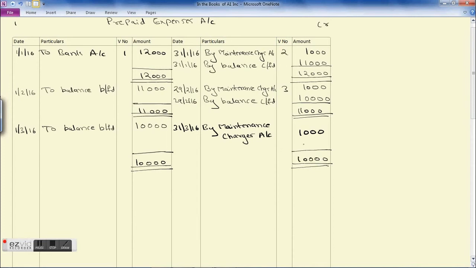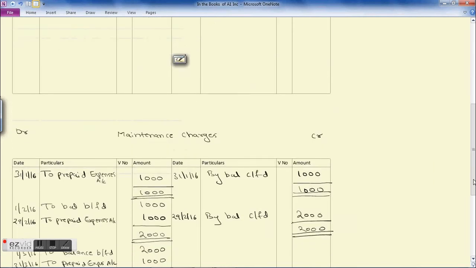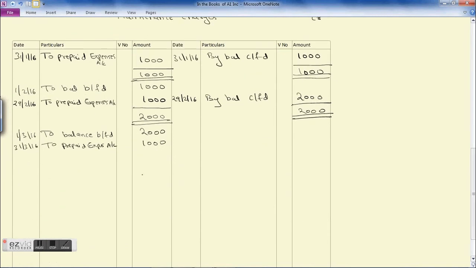So the total is 10,000. 10,000 minus 1,000, that makes it 9,000. So on 31st March 2016, by balance carry forward, it's 9,000. So on 1st April 2016, to balance brought forward 9,000.